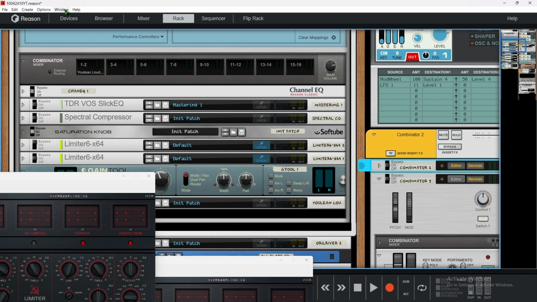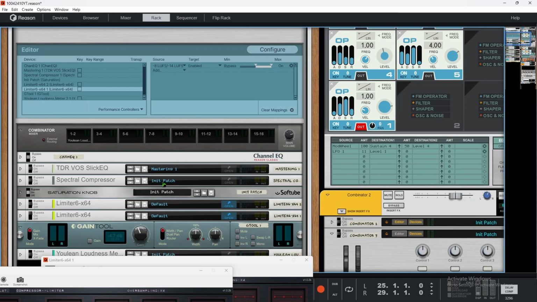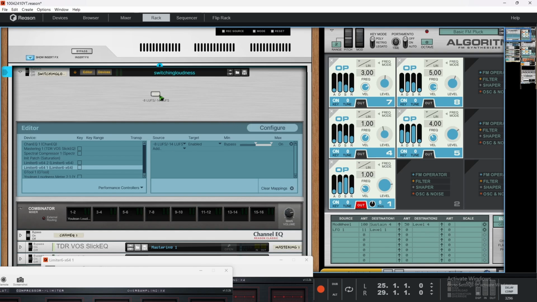So you end up doing one mastering, or I don't know what you guys do. I'm using this button to switch between two limiters. That's simple, but maybe you didn't think about it, so it's not revolutionary.